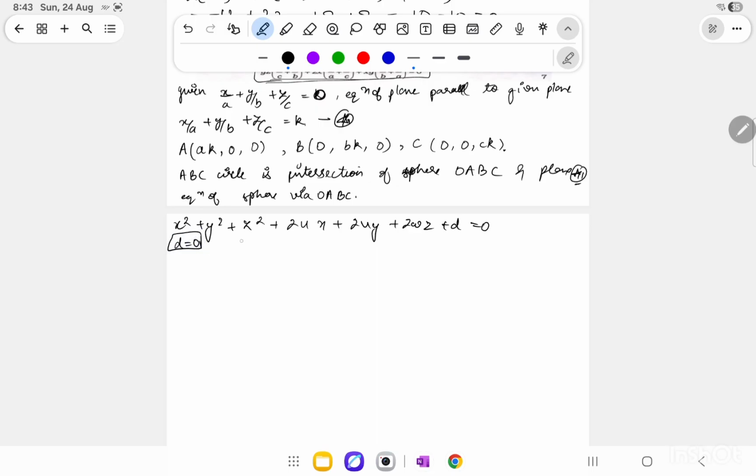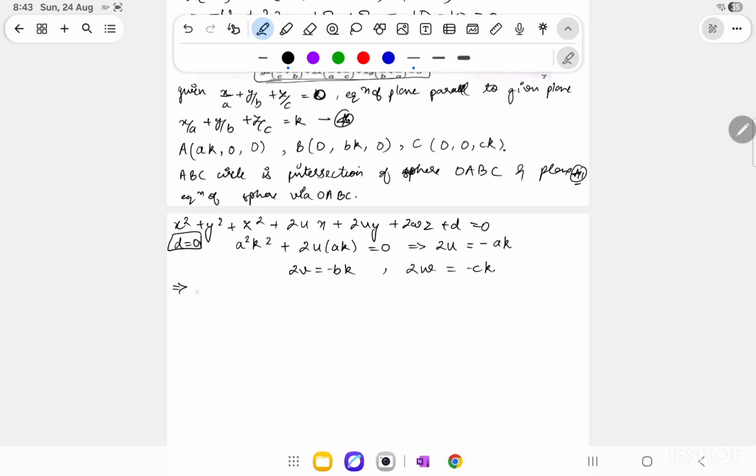Likewise, if we substitute the A coordinate, we get a square k square plus 2u ak equals 0. So from here we get 2u as minus ak. Likewise, on substituting the B coordinate, we get 2v as minus bk, and on substituting the C coordinate, we get 2w as minus ck.